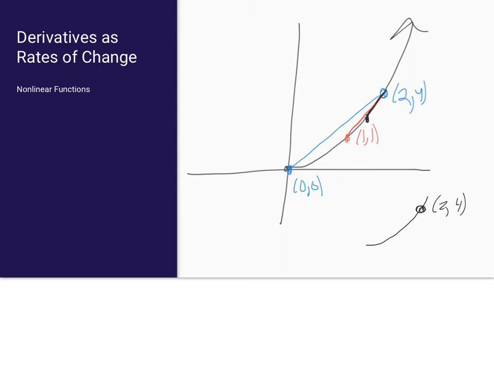There's my (2, 4). Eventually, I can have those things sitting practically on top of each other. And my secant line, when they eventually do sit on top of each other, grazes that curve at that one point, and instead of being a secant line, is now a tangent line.